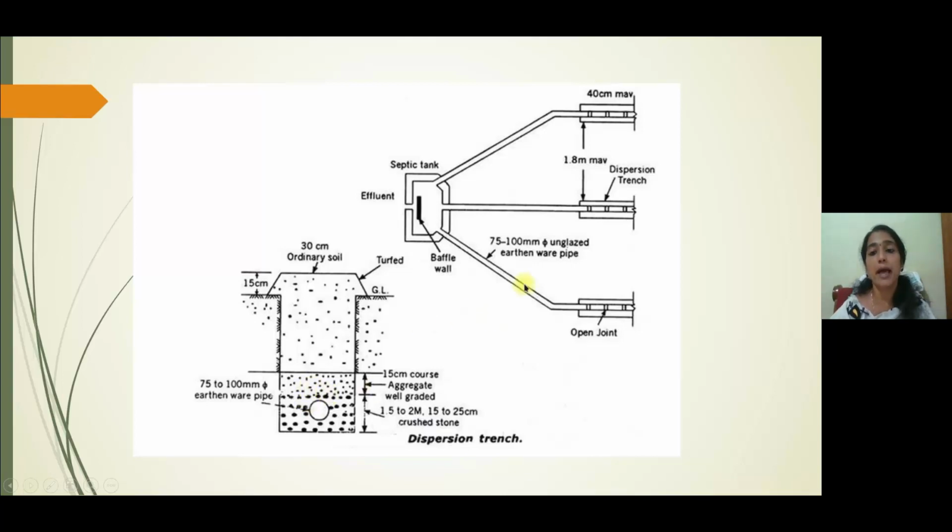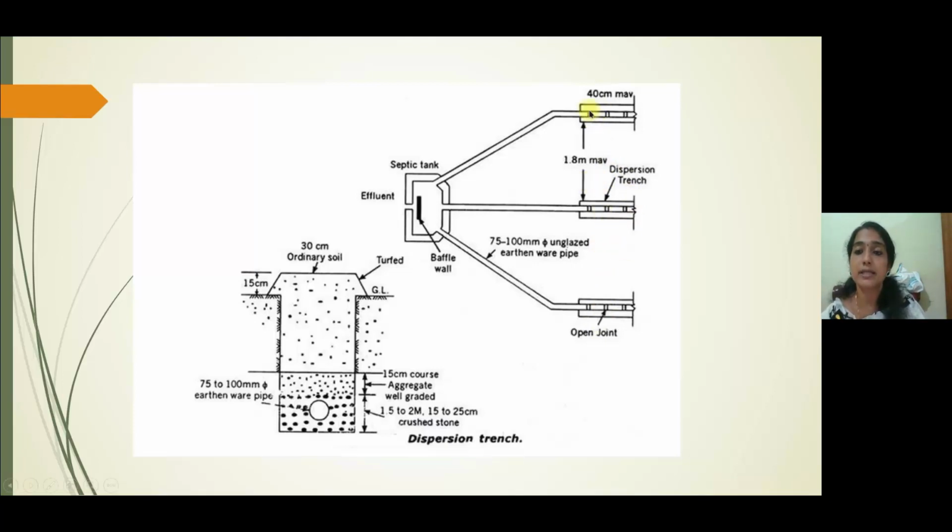This is the cross section of a dispersion trench. Here is the plan view of a dispersion trench, the topmost figure. Here you can see the distribution box, where the effluent coming from the septic tank is collected. From this distribution box, through these earthenware, unglazed, open jointed pipes, the wastewater is carried into the trenches, which are located parallel at a minimum distance of 1.8 meter.